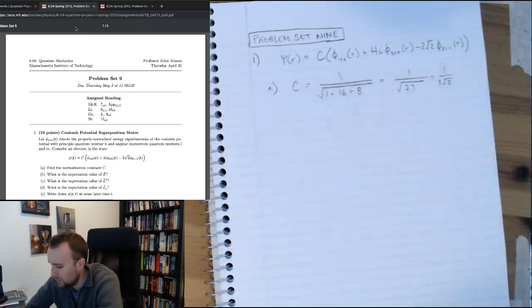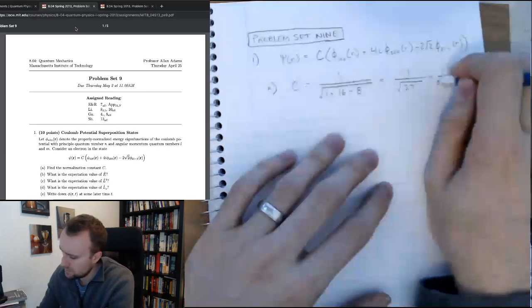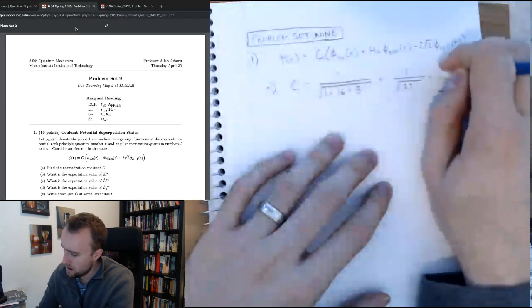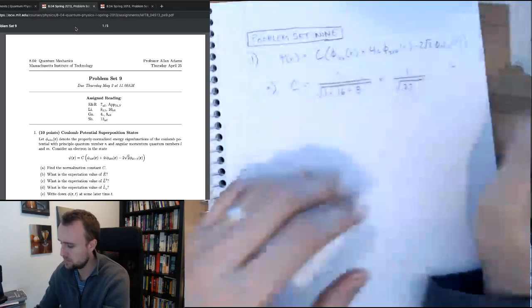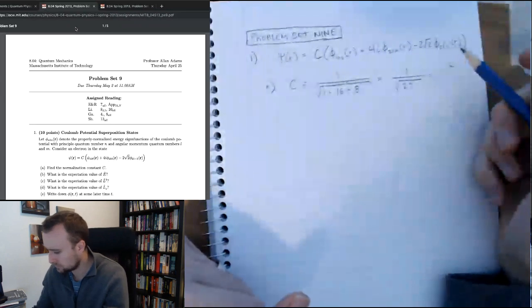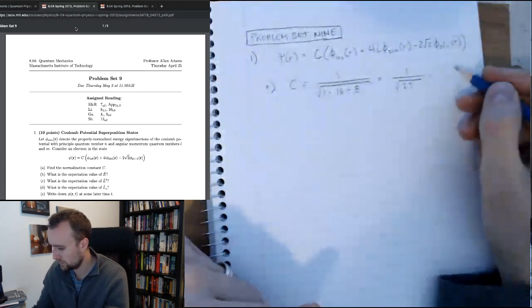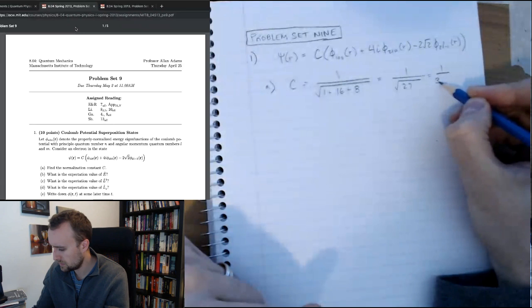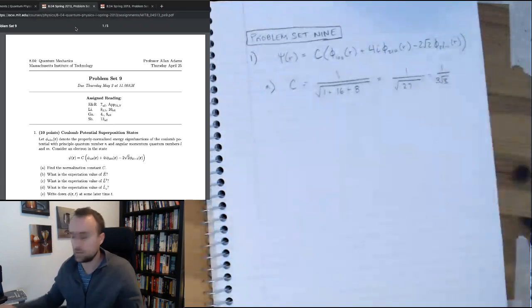Root 27 is 1 over 3 root 3. My brain's getting a bit fuzzy right now.